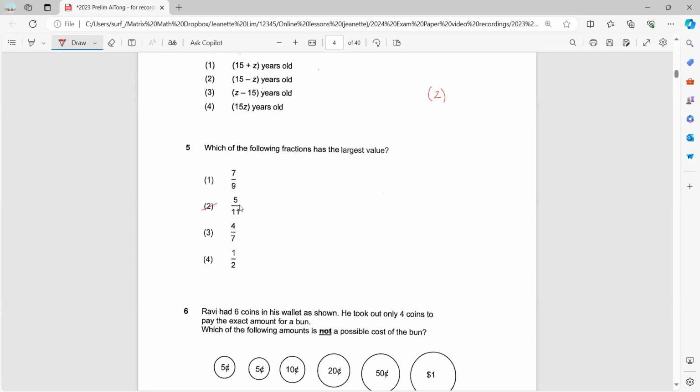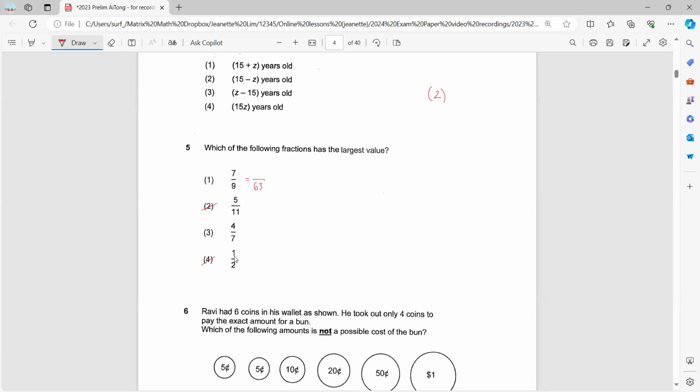Then 4 over 7 is slightly more than half. Half of 7 is 3.5. So 4 is higher than that. Then we have half. So no, because we have options that are more than half. So is it the first option or the third option? Now we're going to compare these two, and I'm going to change the denominator to the same number.